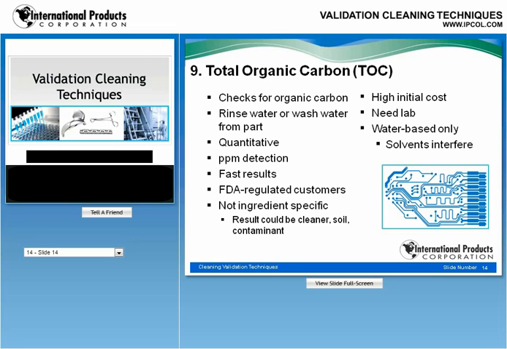The results are obtained pretty quickly, and this is used predominantly by FDA-regulated customers. This technique is not ingredient-specific, and that means if you do get a high result, you don't necessarily know what the source is of that high result. It could be cleaner, soil, or contaminants.